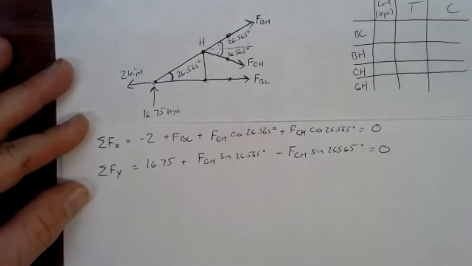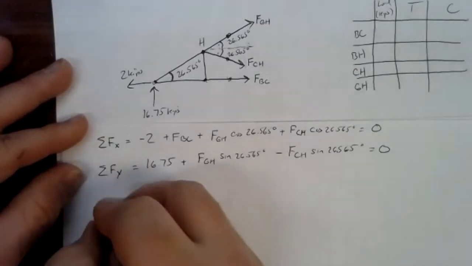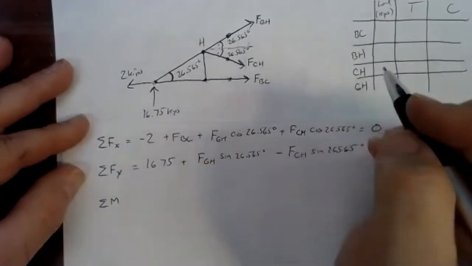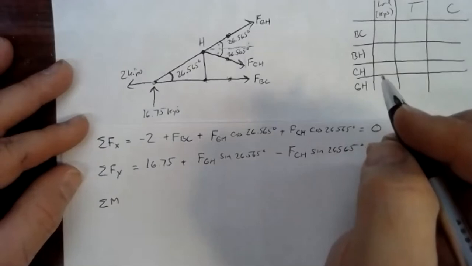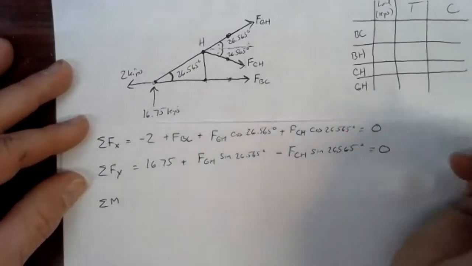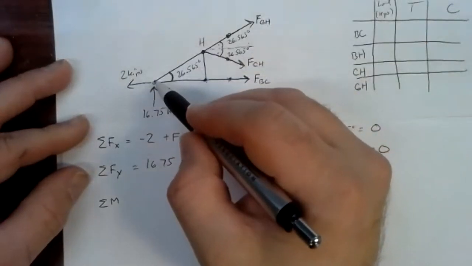And then we have our moments about a point. Always a good idea to think about your pivot point before you go and start calculating. If we picked A as our pivot point here, we'd end up in trouble.